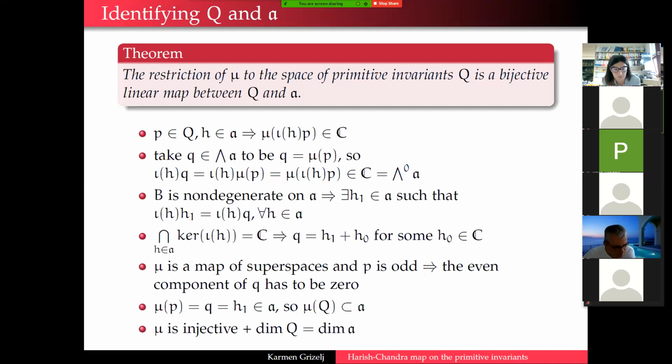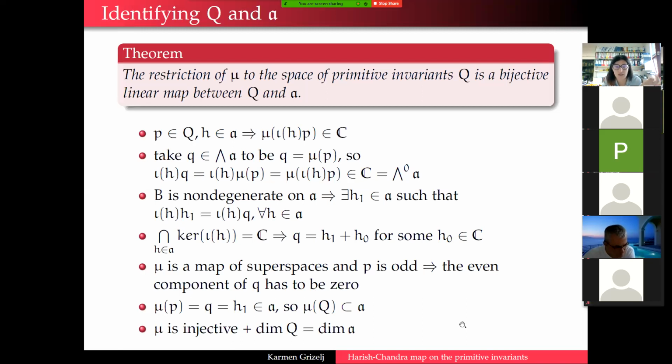Okay, good. But Q is a subset of K invariants in the Clifford algebra of P, and we already proved that over there, mu is an isomorphism. In particular, it's injective, so mu has to be injective on Q as well.